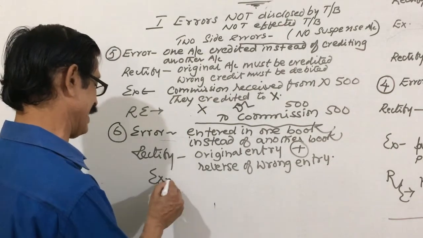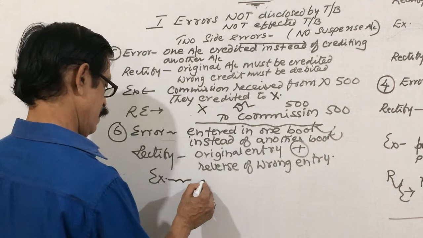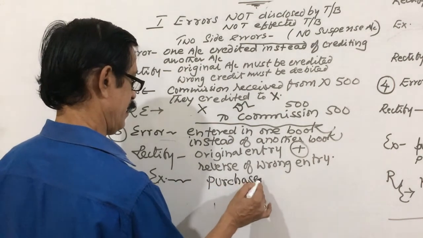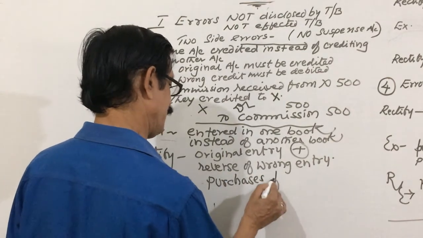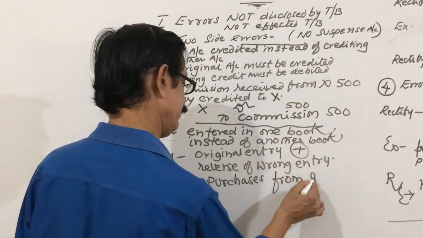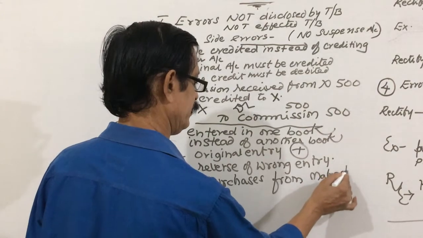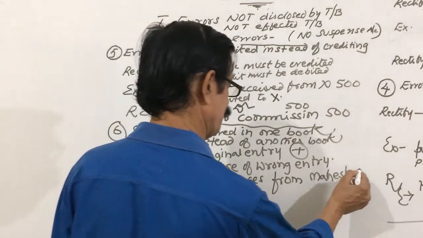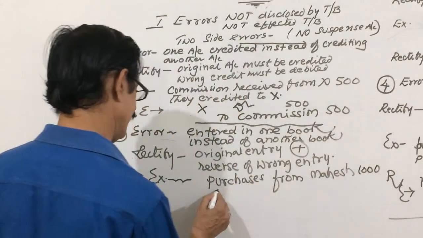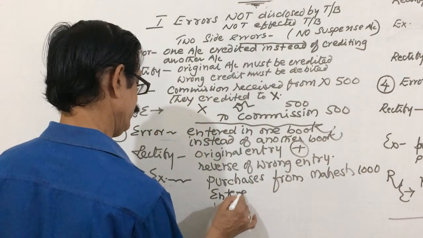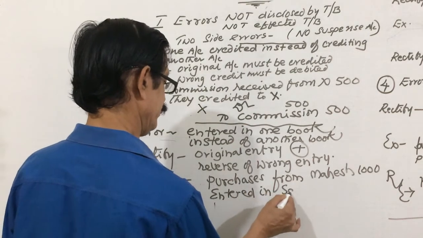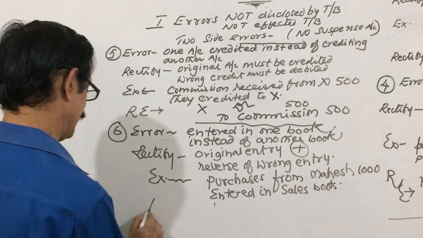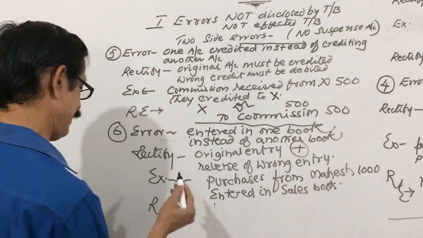Look here, I am giving you an example. Purchases from Mahesh, 1000 rupees. Entered in sales book. Now rectifying entry, look here.